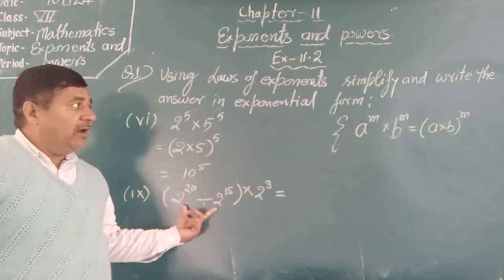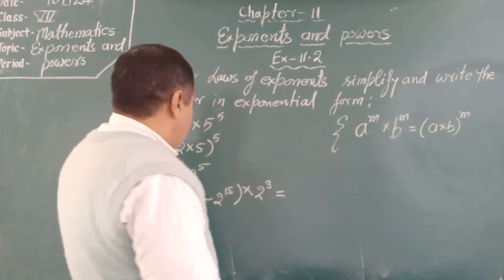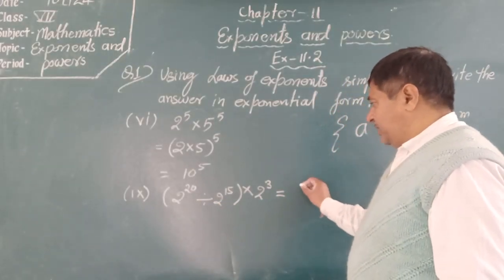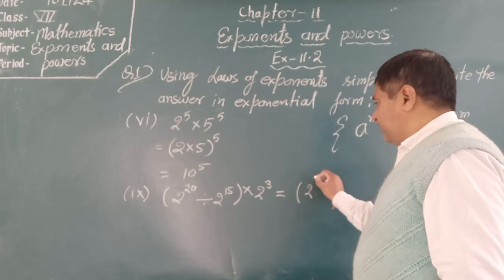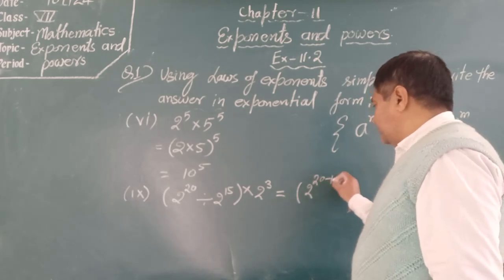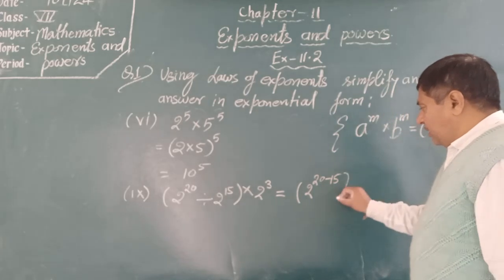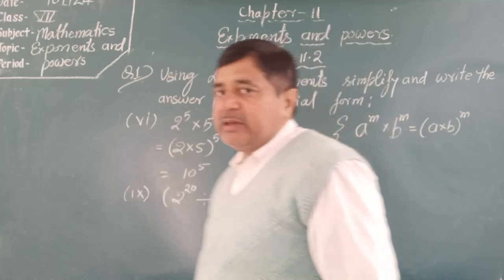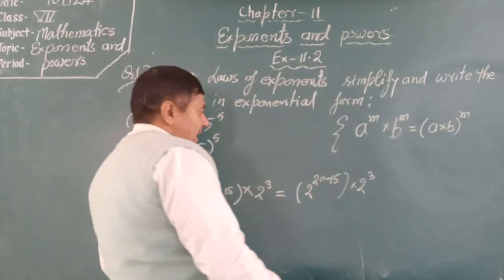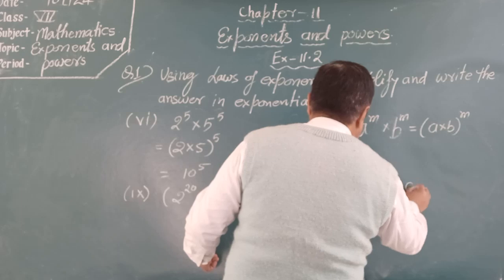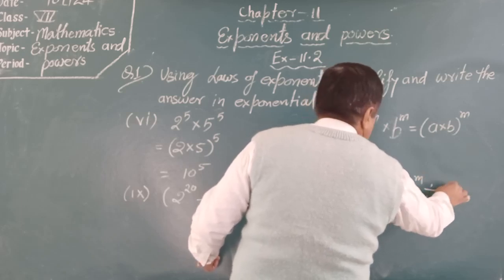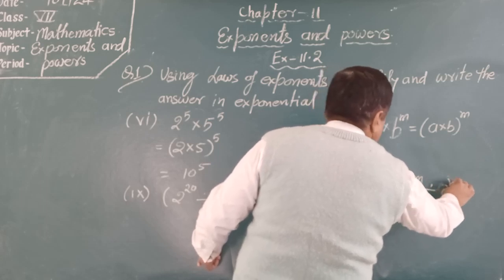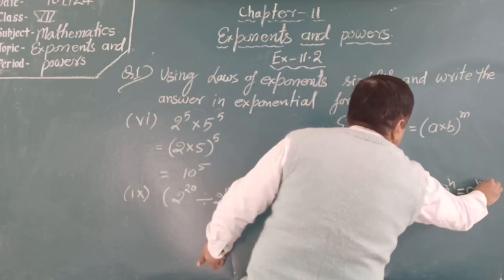So you apply the law of division, where you take the difference of the exponents. You apply a to the power m divided by a to the power n, then a to the power m minus n.